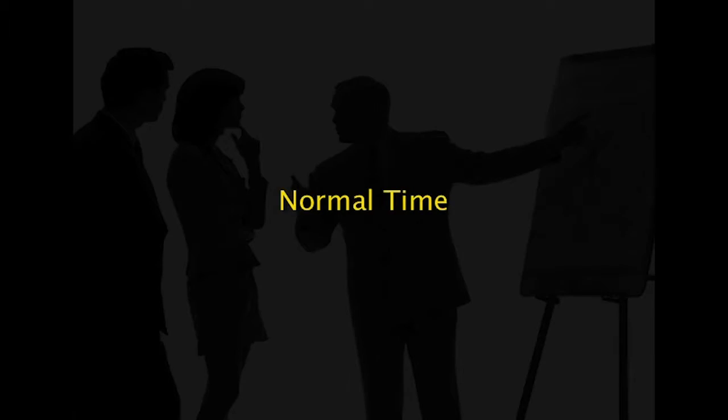Next is crash time. This is the time in which the activity will be taken up on crash basis for accomplishing. It indicates the shortest time for accomplishing the activity, but money is not the criteria here. Normal time. This is the time required when activities are performed in a normal way.